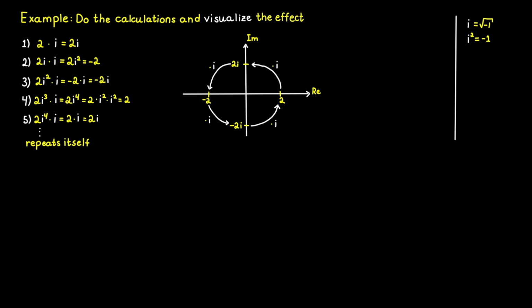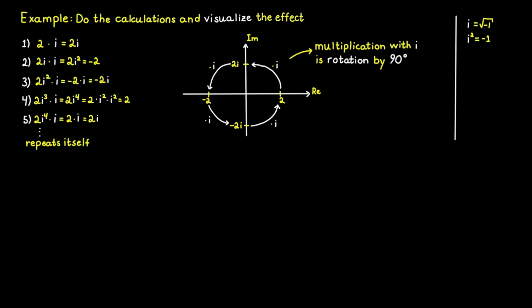So here you can see that multiplication with i is the same thing as rotating the complex number by 90 degrees. And this is also the reason why you get back to the same number after 4 operations, since after 4 operations we have made one complete cycle. And then the pattern just repeats itself. We can't reach any other numbers than these 4 here.